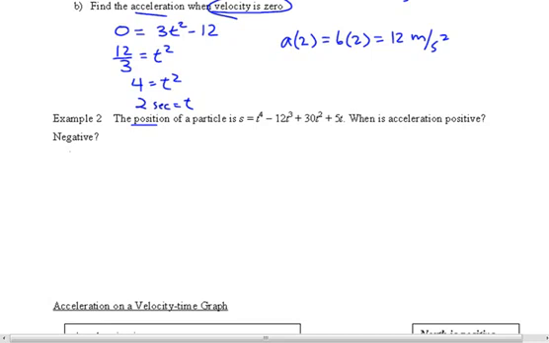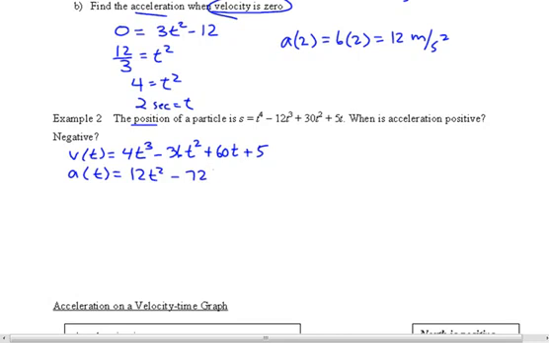Okay, so velocity, the derivative of our position, 4t cubed minus 12 times 3 is 36t squared, plus 60t plus 5. And then you take the derivative again to get your acceleration. It's going to be 12t squared minus 72t plus 60.